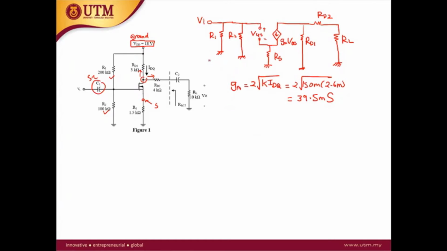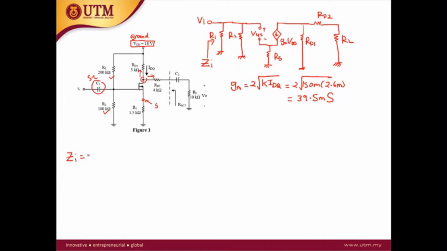So after drawing the AC equivalent circuit at the mid-band, we can analyze the input and output impedance. So this is input impedance, ZI. What can be seen from the input port is only R1 and R2. All the component network after the gate terminal will not be seen because the gate and source is open circuit.